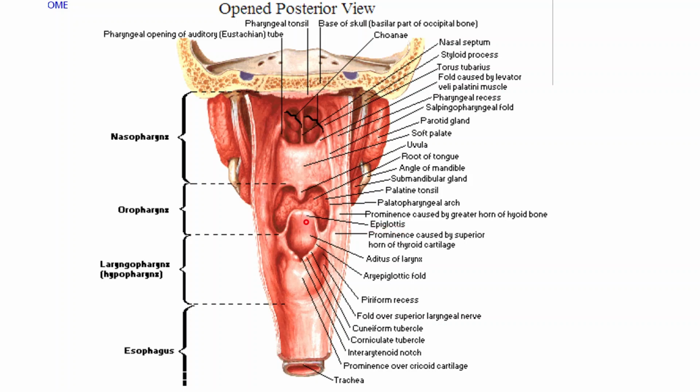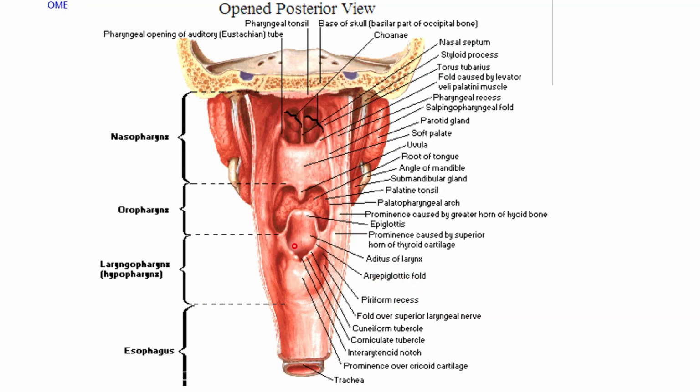Here we see the epiglottis, which makes up the upper and anterior boundary of the laryngeal inlet. Posteriorly, the inlet is formed by the interarytenoid fold of the mucous membrane, and on either side along the lateral side, the inlet is completed by the aryepiglottic folds of the mucous membrane.